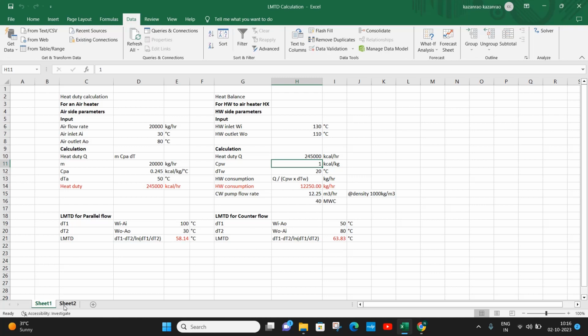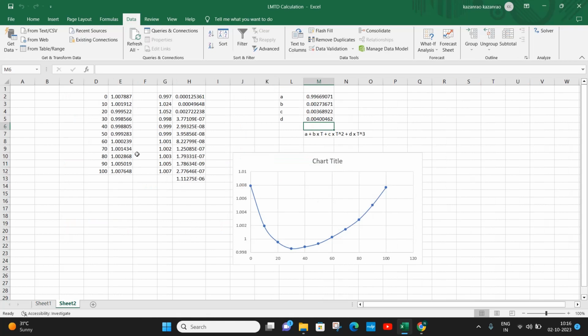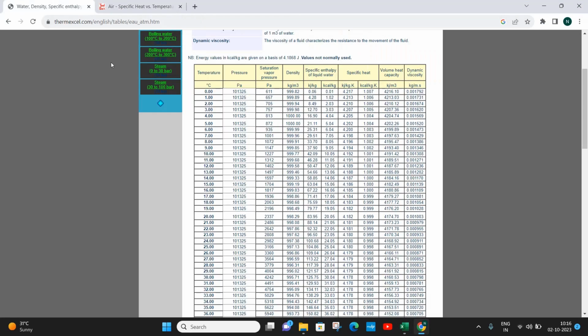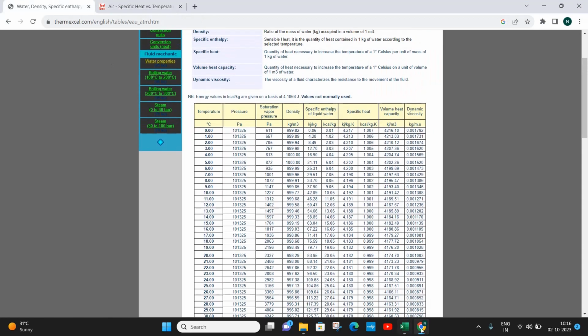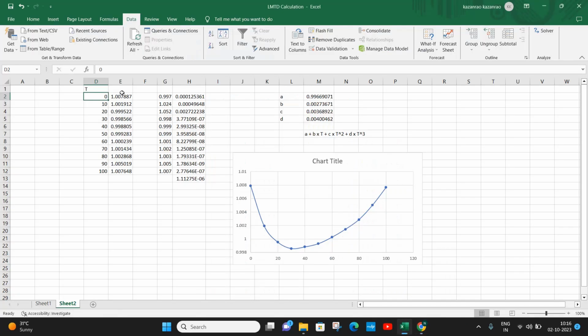Let us see how to do it in Excel. These are the temperatures, taken from a table and entered here. This is the table. I have taken the specific heat values and entered them here.